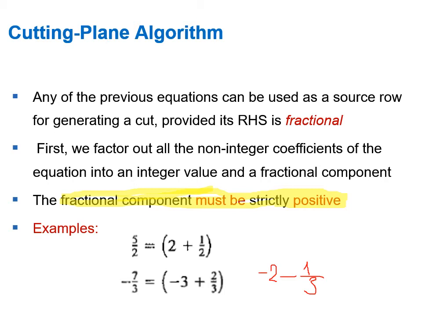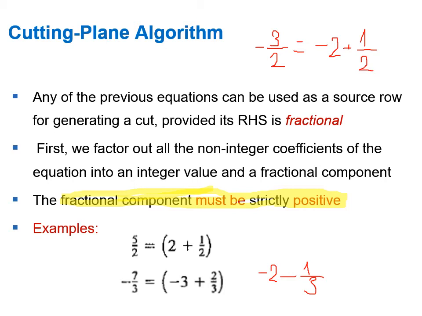For example, if the coefficient is minus 3 over 2, how can we write this as an integer plus a fraction? You should say minus 2 plus 1 over 2.